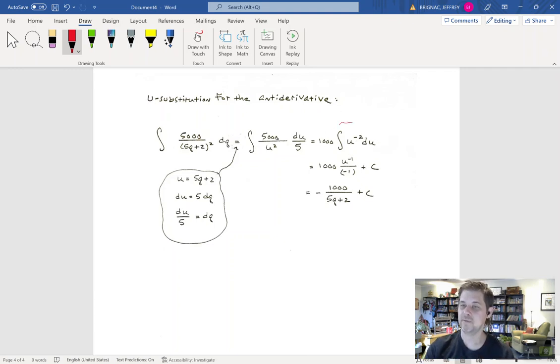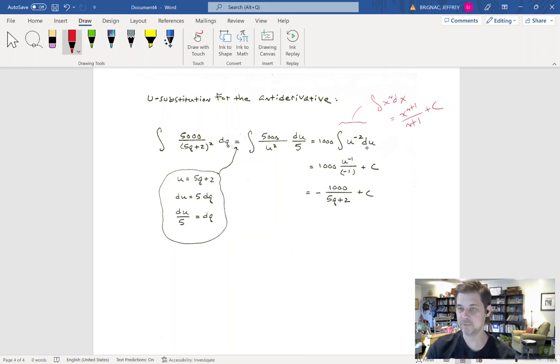And then we get a real easy rule. I know I've talked about this in other videos, but we have a rule that is operative whenever we use u substitution. The antiderivative of x to the power n dx is x to the power n plus 1 over n plus 1 plus c. That rule is applicable here.